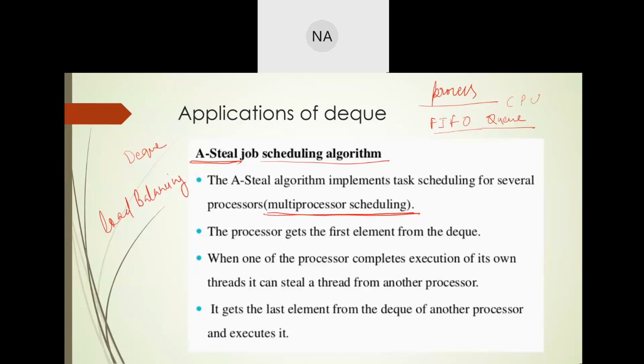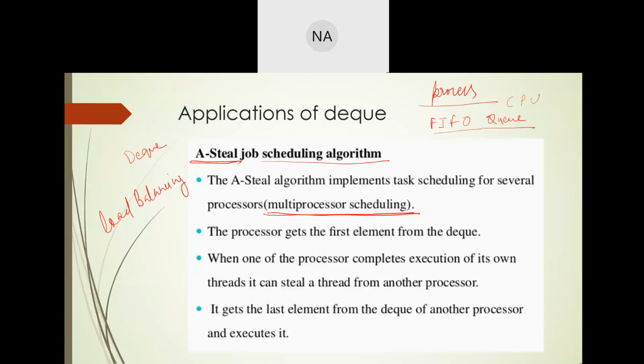So all the processors must be kept busy. So to balance the load on all the processors, when a processor becomes free, it can fetch a process from some other busy processor. So how does it fetch a process from a busy processor?